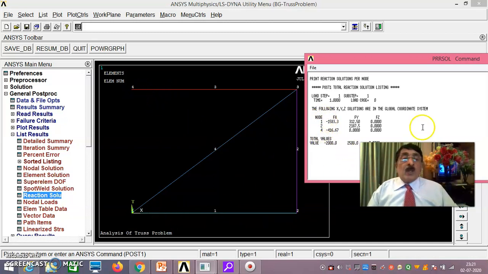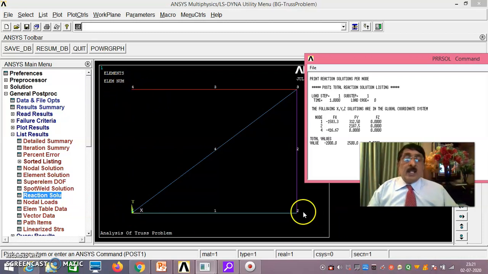At node 1 it is minus 1583.3, and at node 4 it is minus 416.67. If you add up these two, it should be equal to the 2000 newtons you applied. You applied 2000 newtons in the positive x direction at node 2, and naturally the reaction should be negative. Node 1 is minus 1583.3 and node 4 is minus 416.67.